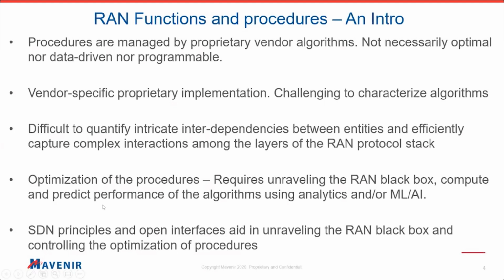And principles of software-defined networking and open interfaces aid in unraveling this RAN black box and controlling the optimization of the procedures, especially if any third-party application wants to optimize the procedures implemented by the vendor, or even if the operator wants to do so. The means of doing this is by unraveling the RAN black box using SDN principles and open interfaces.